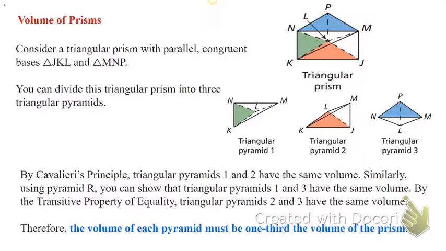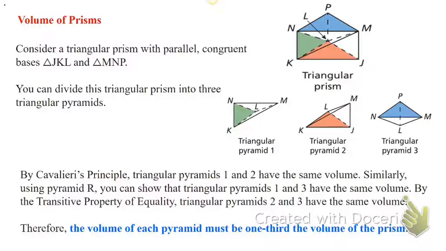Well, if you take a look at the shape over on the right, you have a triangular prism, and you can see that the base is KLJ on the bottom and the base on the top is NPM. So you can divide it into three separate triangular pyramids.